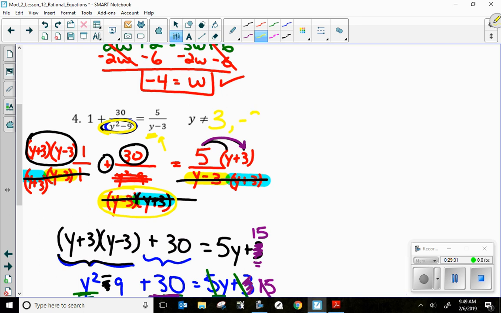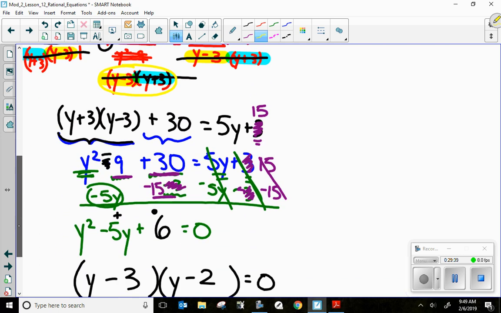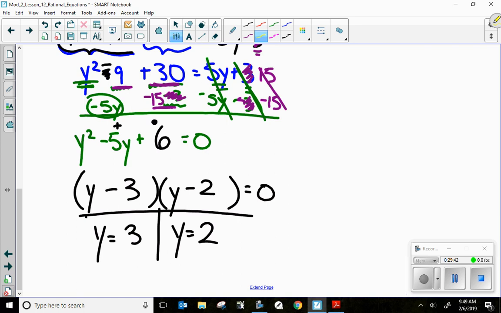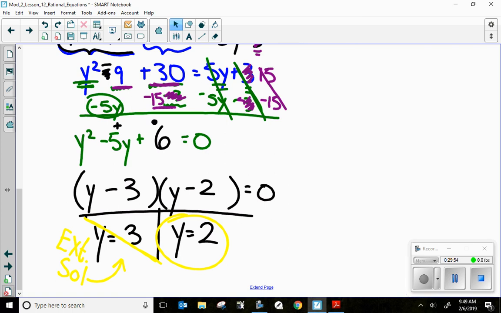Y cannot be a positive 3 or a negative 3. If I have a positive 3 or a negative 3, that will make any of the bottoms 0. So let's look here and see what I got. Y cannot be 3. This is an extraneous solution. So I put a big line through that, and here's my one answer.